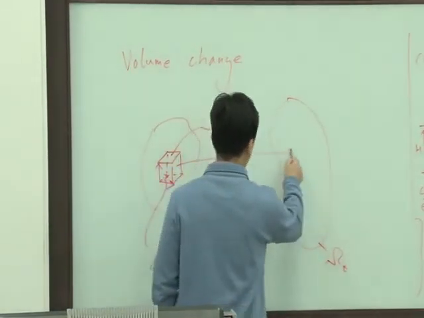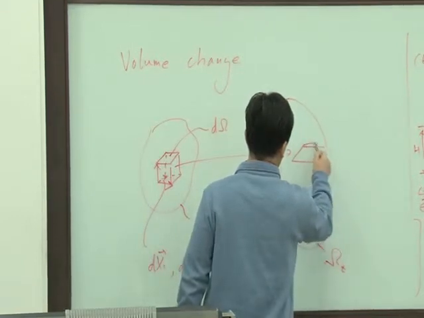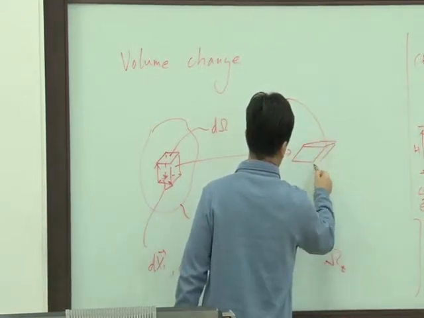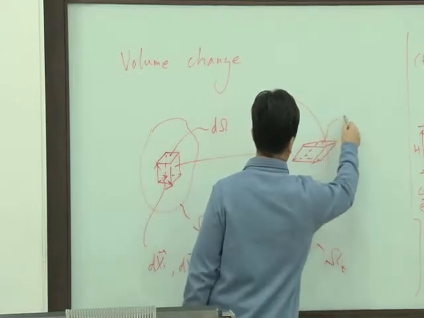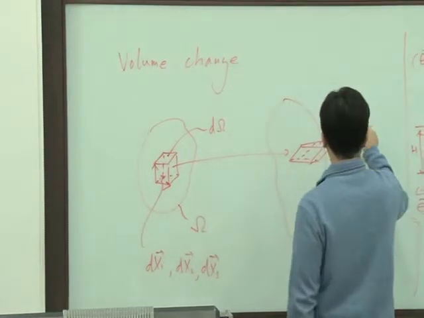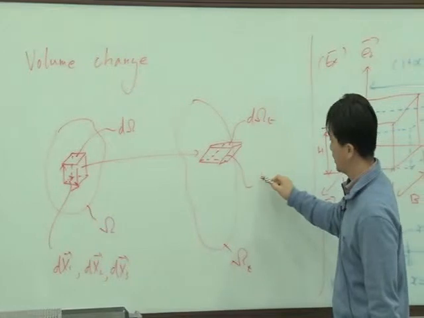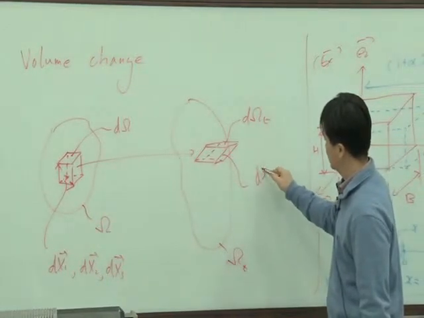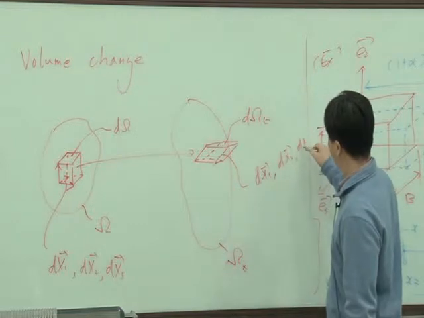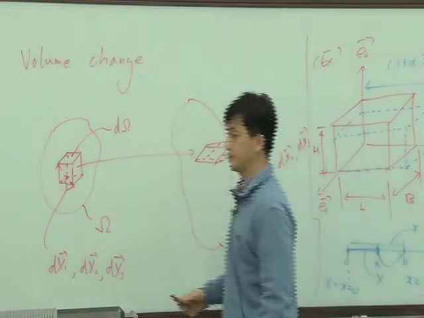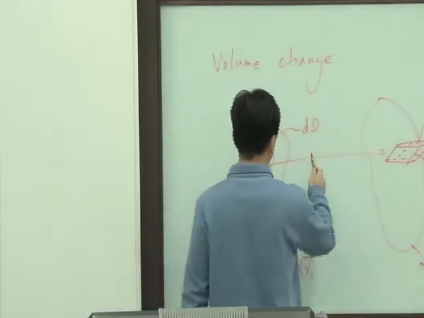And this volume will be changed here. Okay, something like that. This is also a very small volume, d omega t. Let's say this volume is defined by dx1, dx2, dx3. And let's say this is the material volume.